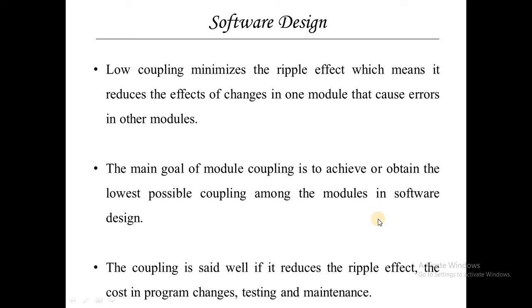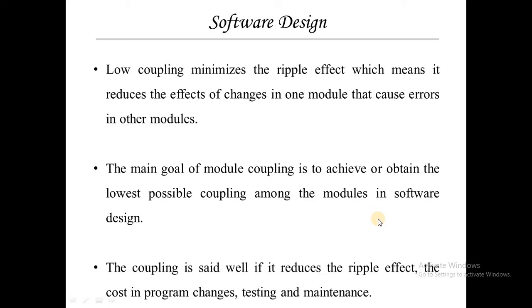The main goal of module coupling is to achieve the lowest possible coupling among the modules in software design. In reality, obviously there will be some amount of dependency between the modules. We cannot avoid the dependency, because in reality one module may depend on another module, or one module may depend on many other modules.